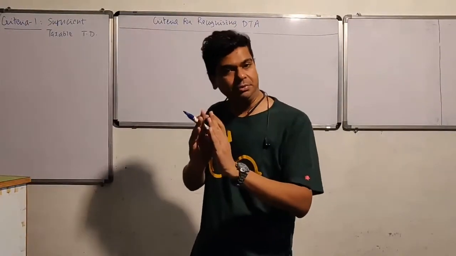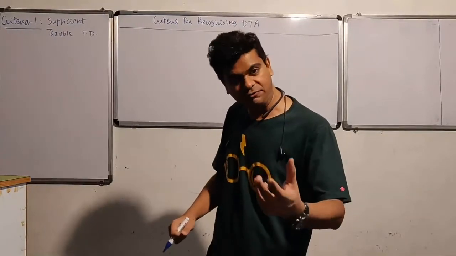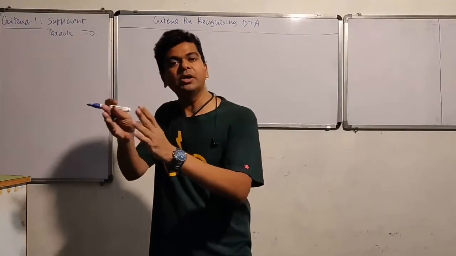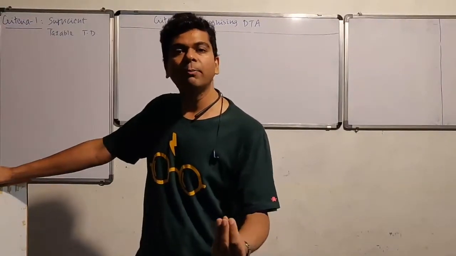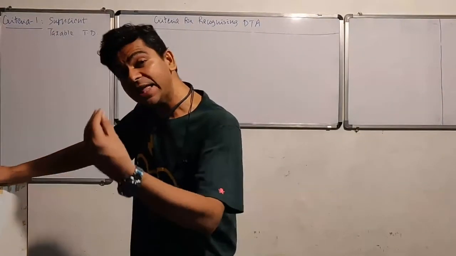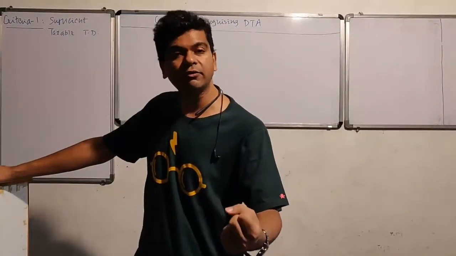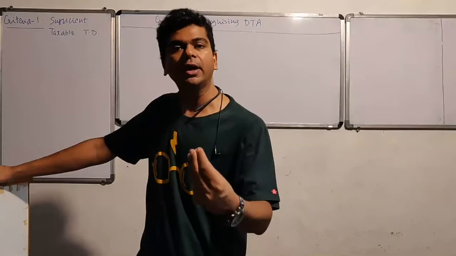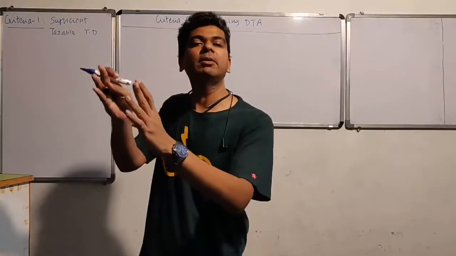Concept is very simple. Taxable temporary difference means I will have to pay more tax in future. And deductible temporary difference means I will save tax in future. So if you are going to pay more tax in future and that extra tax can be saved through a deductible temporary difference, then please go ahead and recognize a DTA, because you are going to enjoy the benefit of the DTA.